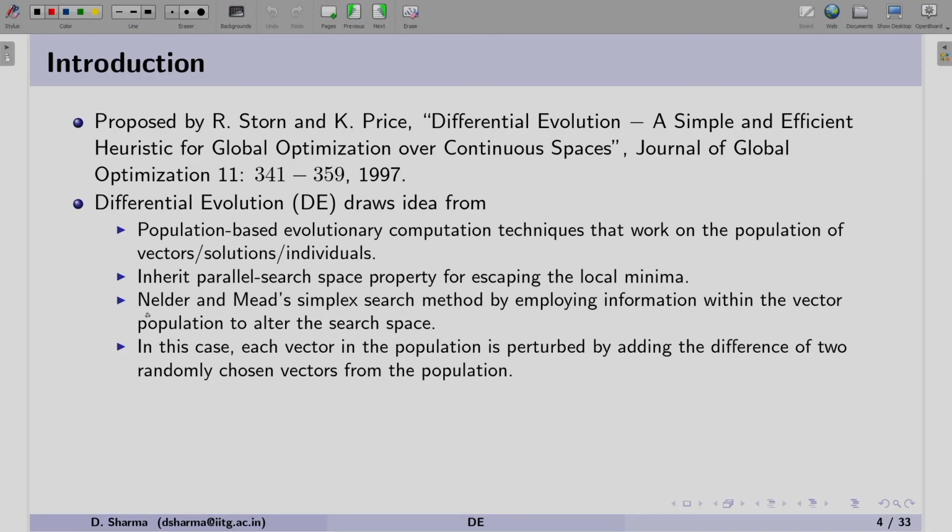Moreover, as mentioned in the paper, differential evolution draws an idea from Nelder and Mead's simplex search method. In this case, it is done by employing the information within the vector population to alter the subspace.